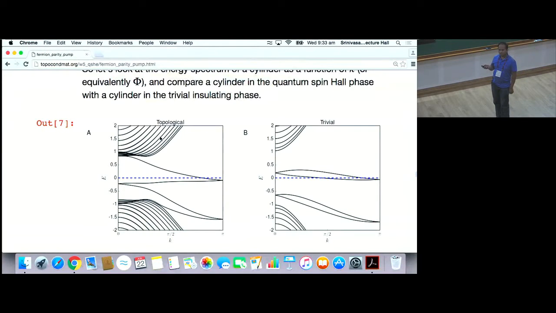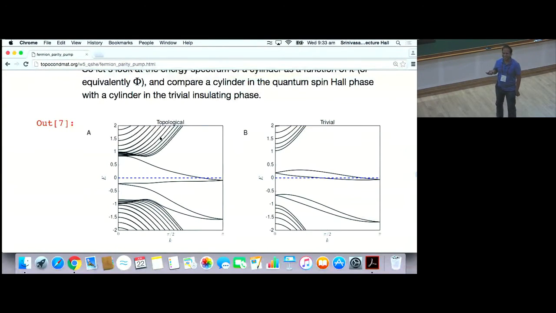Okay. So given that, how many charges transfer? Can we just make a random guess? Any guess?